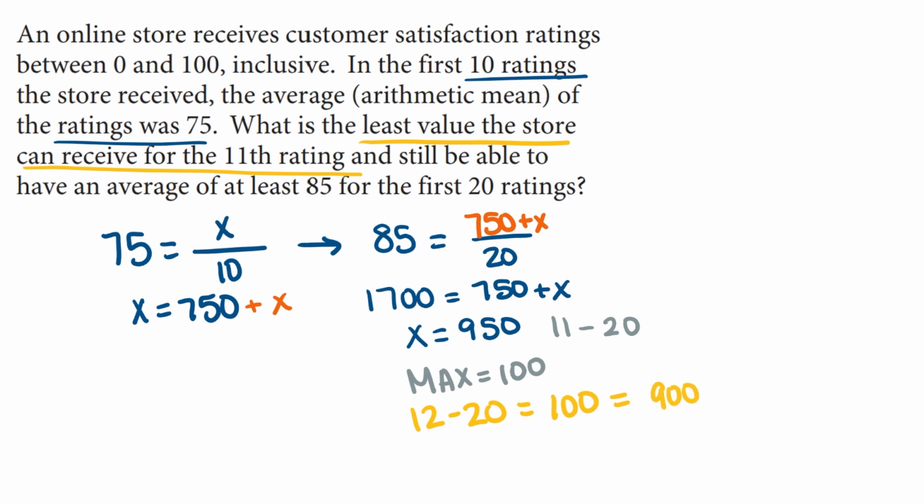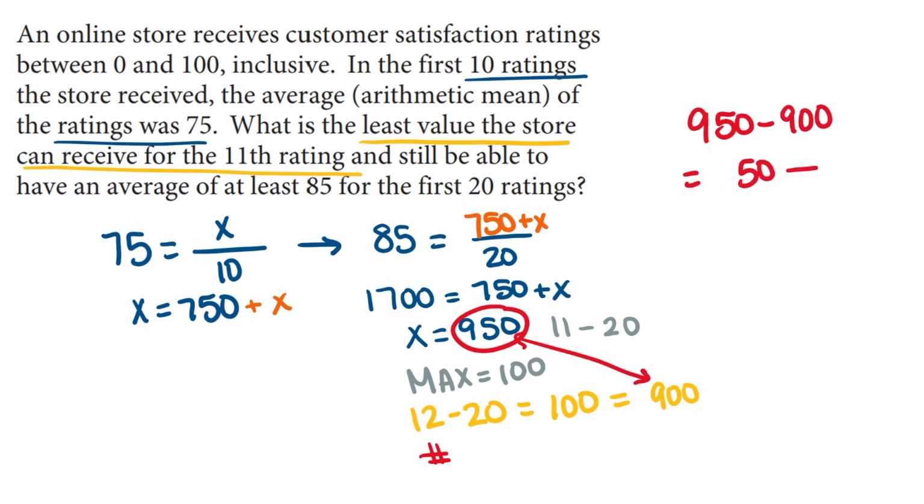So in order to find the lowest for number 11, we have to take the difference of these two scores because we need 950 in order to get that 85 rating out of 20. That means we have to do 950 minus 900, which is going to equal 50, the lowest rating for number 11. So if the 11th gives us 50 and 12 through 20 give us 100s, we will still get an 85.